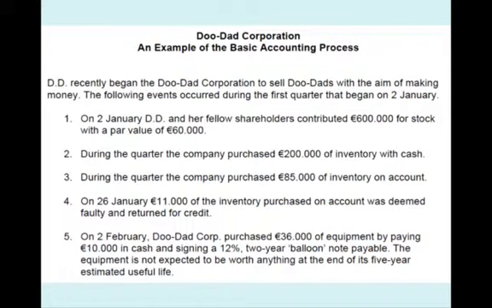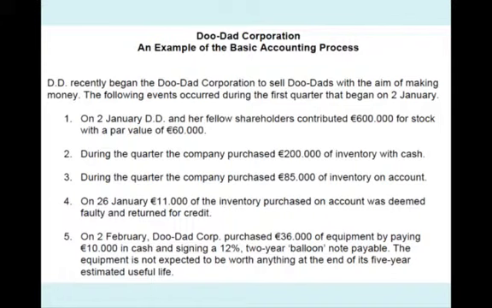Here's the information we're given. DD recently began the Doodad Corporation to sell doodads with the aim of making money. So it's a business. The following events occurred during the first quarter that began on 2 January. Number one, on 2 January, DD and her fellow shareholders contributed €600,000 for stock with a par value of $60,000.